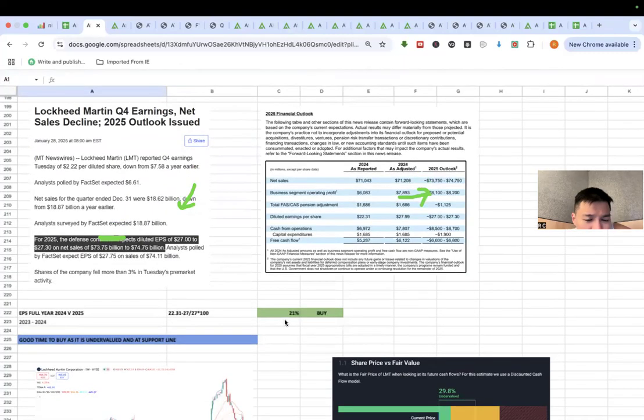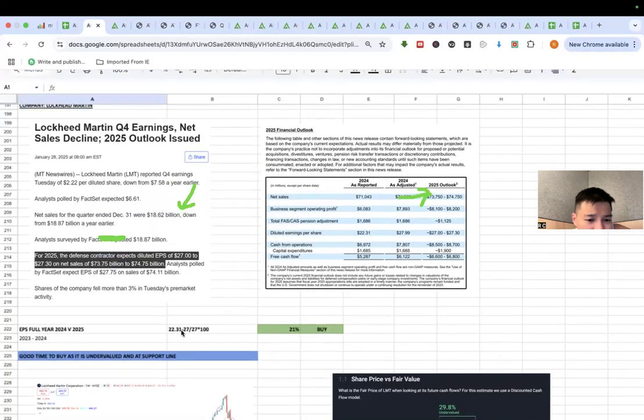You might be like, oh, but I did a calculation. I found like that. I think you're using 22.31, which is this as reported. So if you want to know what is adjusted and as reported, you're supposed to use this number.